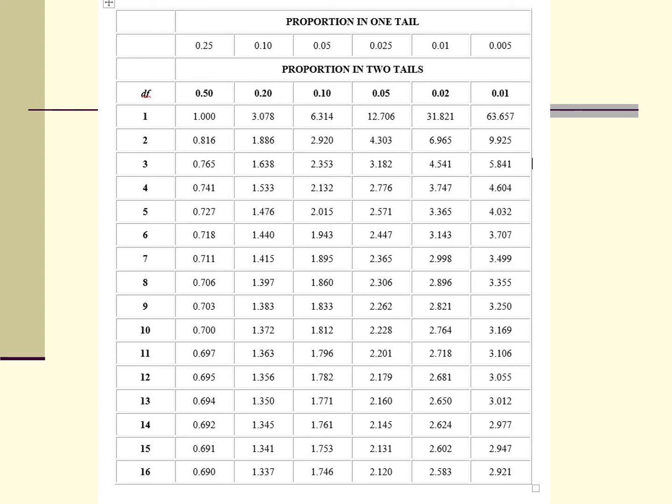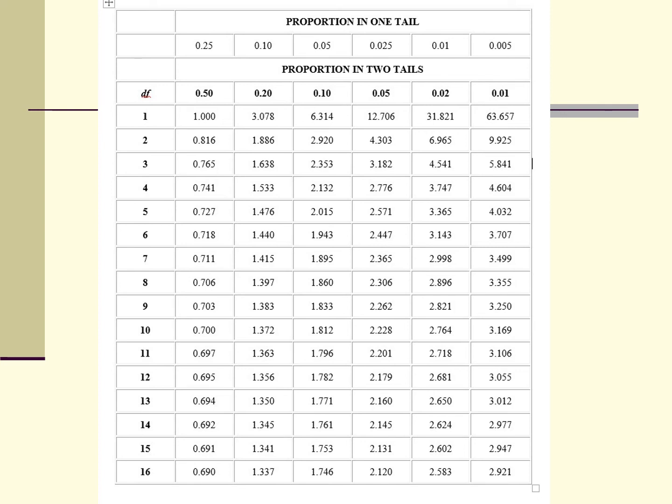Here is the t-distribution table. As you can see, the left column presents the degree of freedom. Each row, according to each degree of freedom, presents a t-distribution. On this page, it lists the degree of freedom from 1 to 16. It actually presents 16 curves.